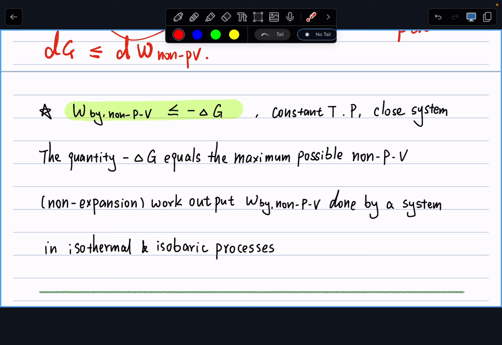Again, it's called the free energy because as chemists, we don't typically care about how much expansion my reaction mixture is undergoing. So when we're talking about delta G, we're talking about the maximum non-PV work my system can do on the surroundings. And that's why it's called a free energy.